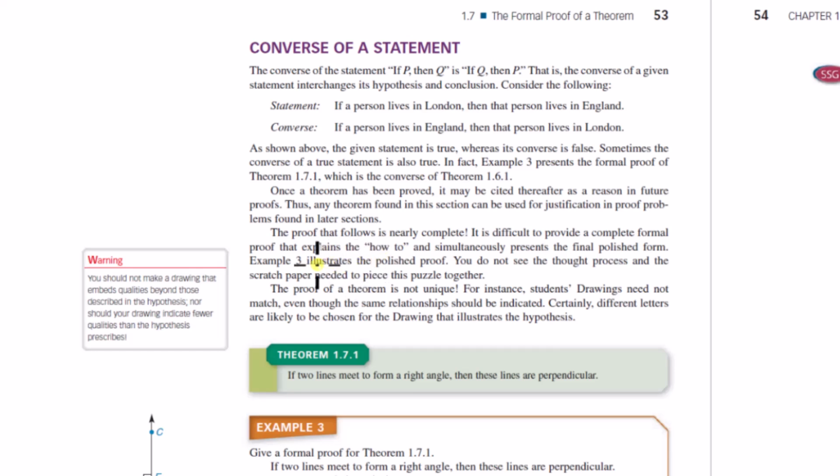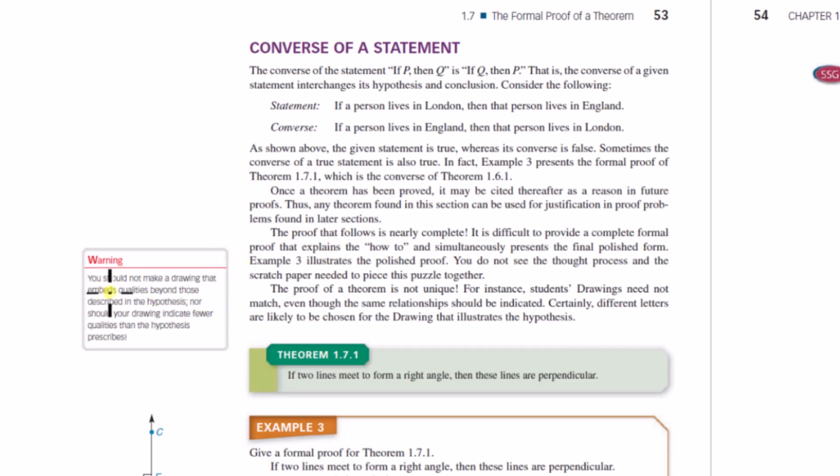When you're actually building the proof, you might have all kinds of scratch paper and information all over the place, but you're not going to present it that way. But you don't want to clean it up so much that it doesn't present the full how-to of the proof. So it's kind of a balance. You want to find the perfect balance.